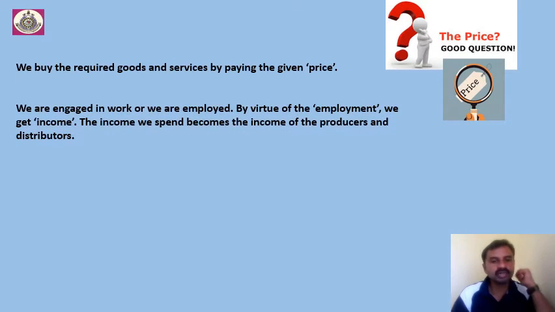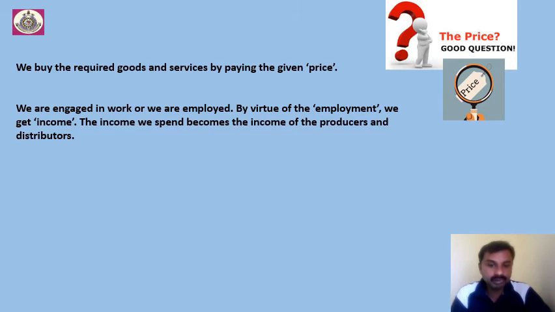Then you can come to know about employment and income. We are engaged in work, or we are employed, by virtue of employment. We get income. The income we spend becomes the income of the producers and the distributors. Whatever you want to satisfy your wants, you should be employed or be an employer.